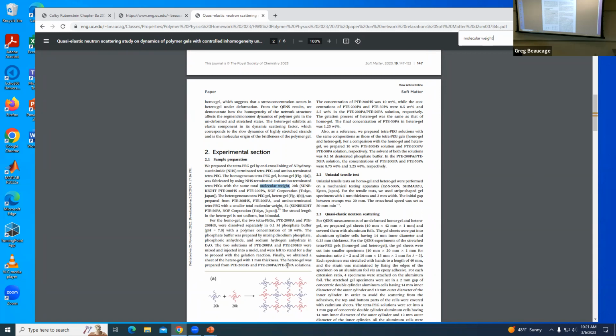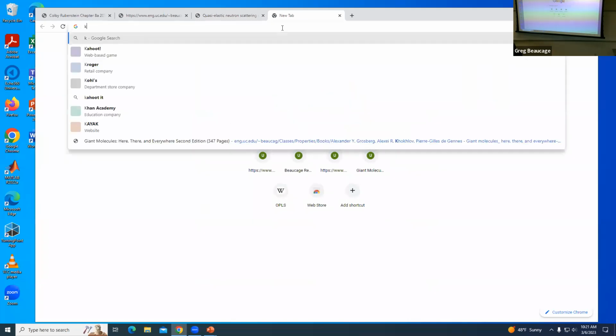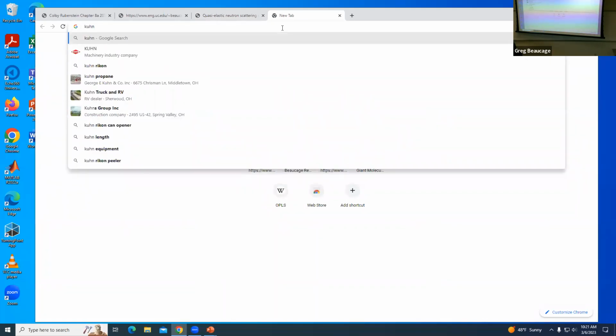Same total molecular weight. So a 4 arm is 20K. That means 1 arm is 5K, and then 2 arms connected would be 10K. And then it's a good solvent. So you know molecular weight, and this is polyethylene oxide, right? So you need to know the Kuhn length.